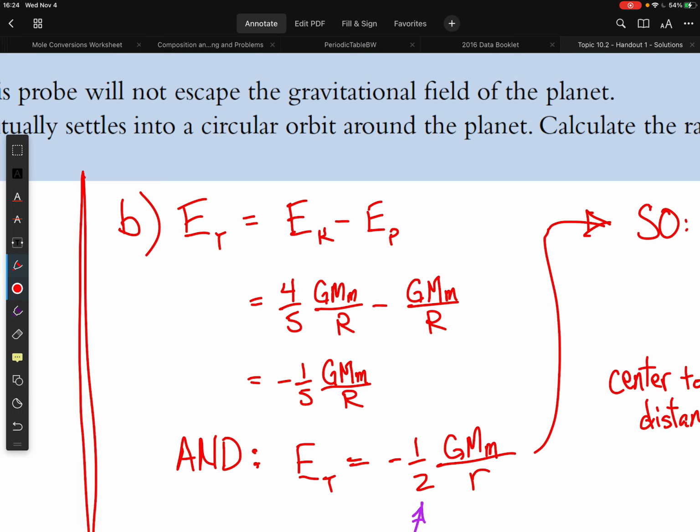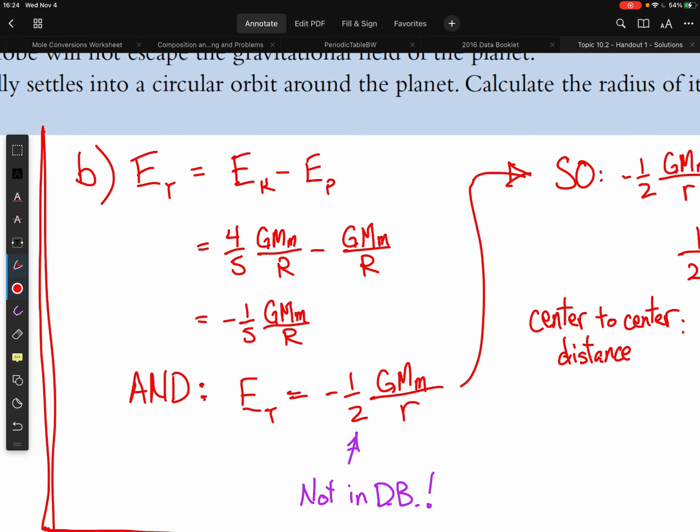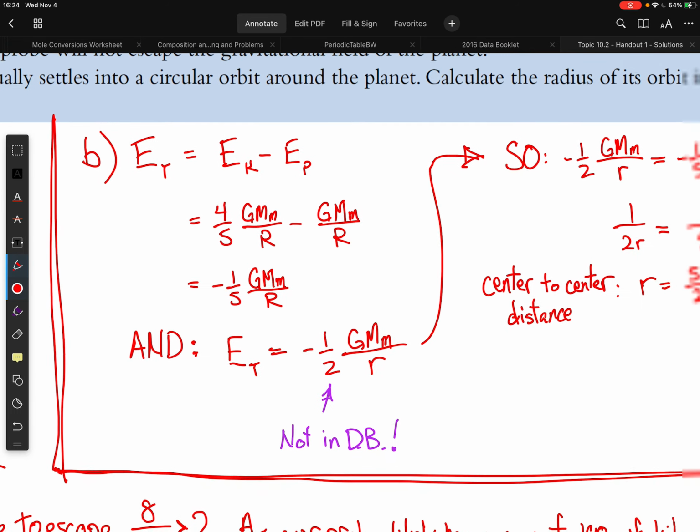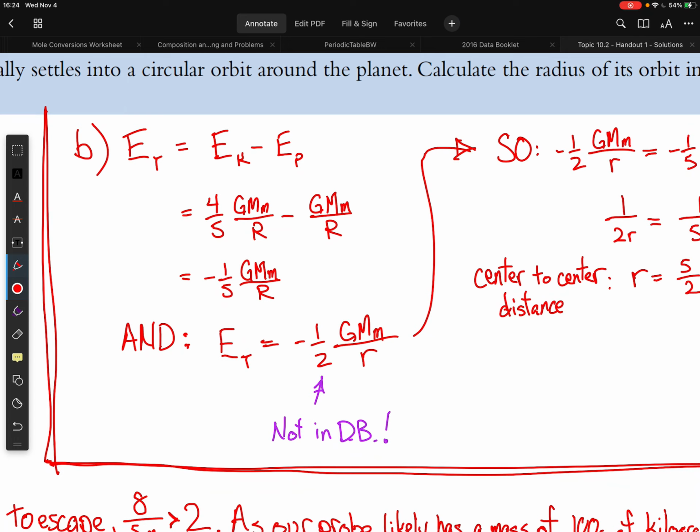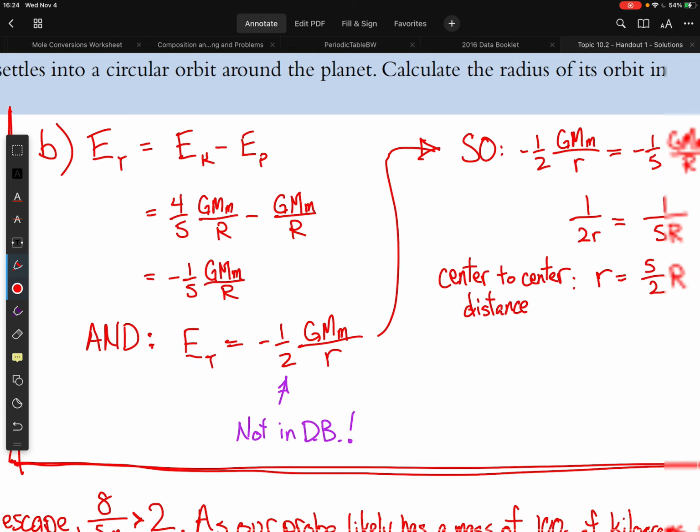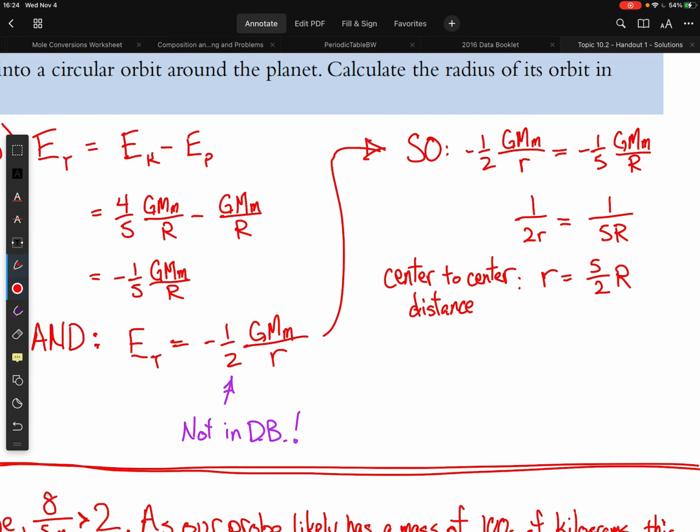And we subtract from that our potential energy at that radius. What we then find is that our total energy is equal to negative 1/5 times the gravitational constant times the masses of the two objects multiplied together divided by the distance from the object.